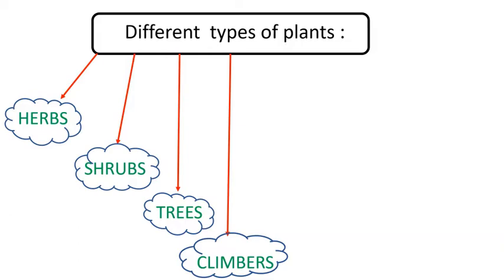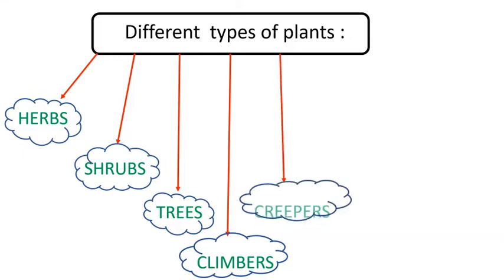For example, money plant, bean plant, grapevine, etc. Next, creepers. Creepers also have weak stem and they cannot stand at all and they spread on the ground. For example, watermelon plant, pumpkin plant, etc.